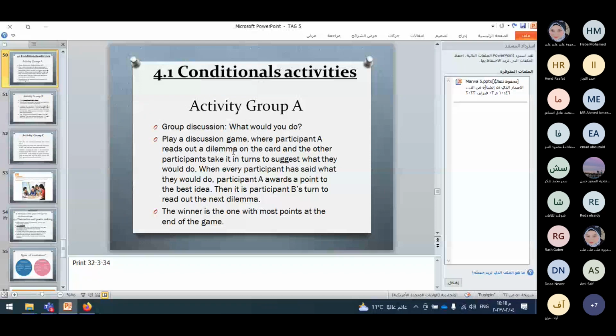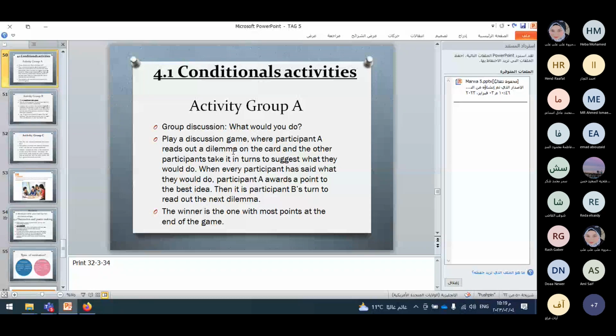So participant A awards a point to the best solution, to the best idea provided, and then it's participant B's turn to read out the next dilemma on the next card, and the participants take turns to find the ideas and solutions, and participant B gives some points or awards to the best solution, and so on.